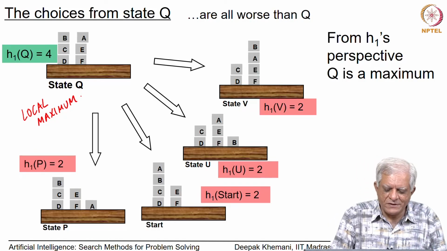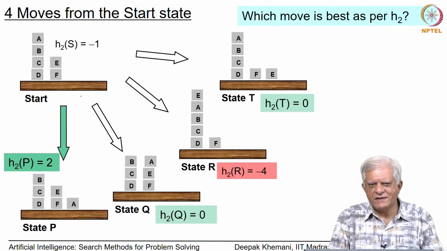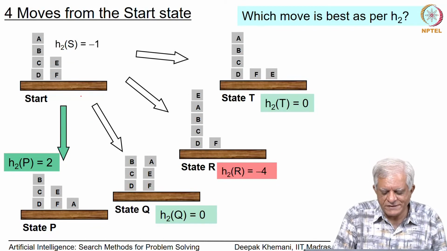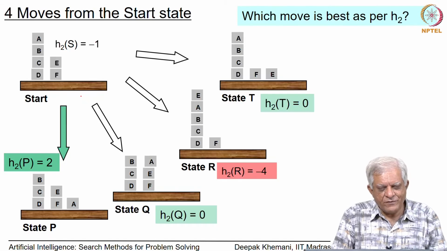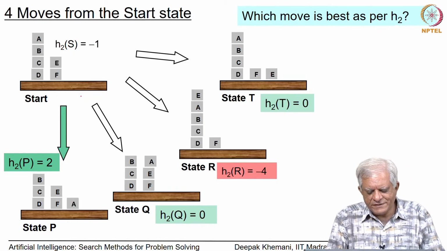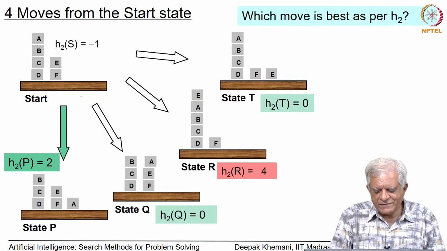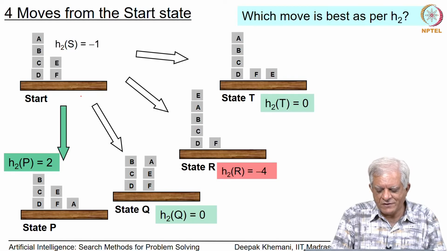Now, let us see how the second heuristic function, which was a little bit more informed, as you can see, because it looked right down to the table and to see if everything was on the correct block or not. So, again we have the same 4 moves from the start state, the states P, Q, R and T, and you can see that now the function is a little bit more discriminative, the values are fluctuating a little bit more.